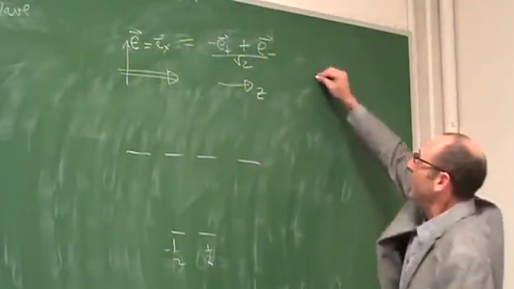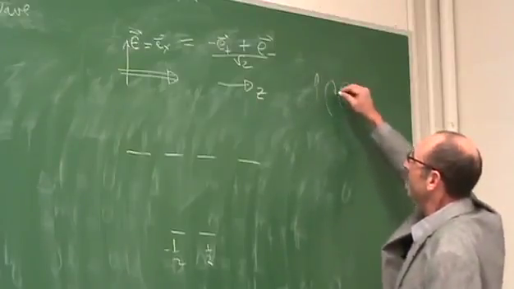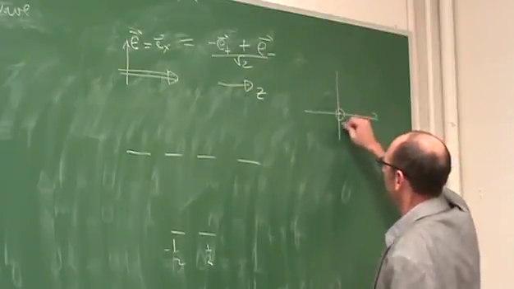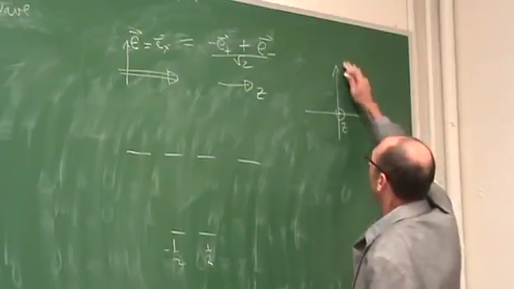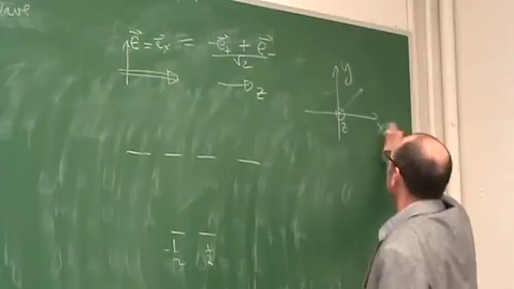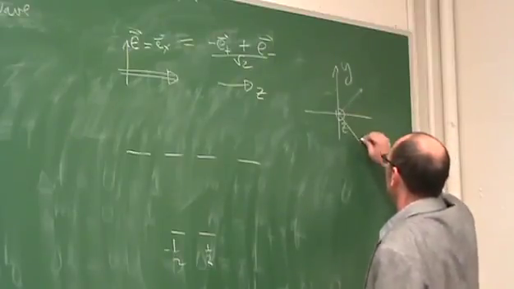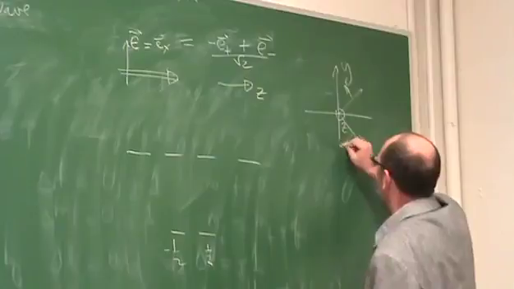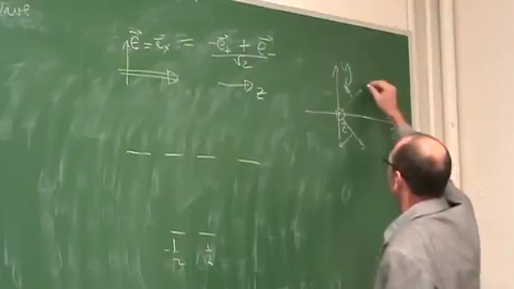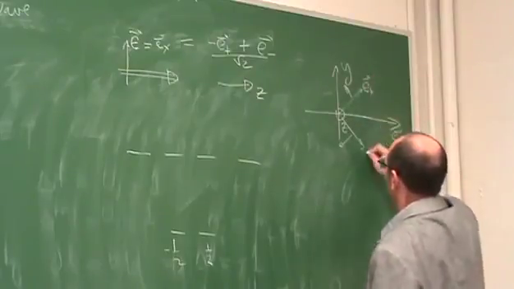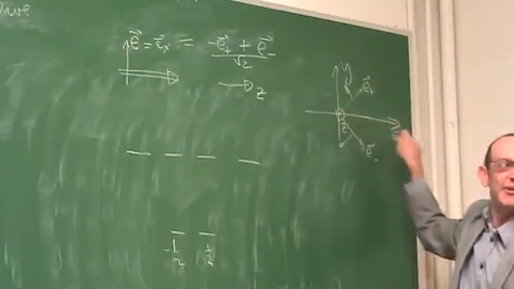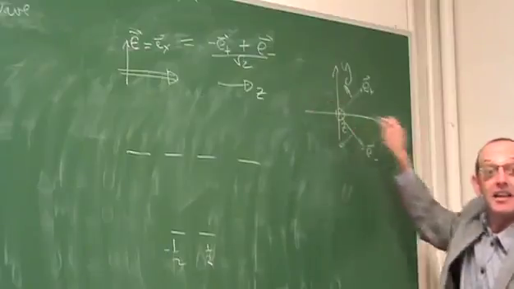So one way to say it is that linear polarization is a superposition. Let me draw this in the plane. Here's the z-axis coming out of the board. Here's x, here's y. If I have two circular polarizations going in opposite directions, as they rotate, as long as they have the right phase relationship between them, they sweep out a line.